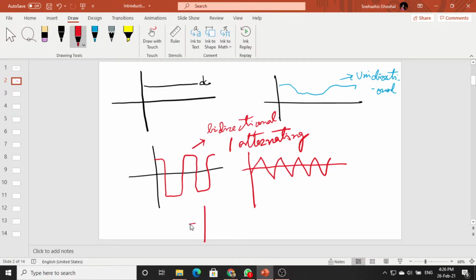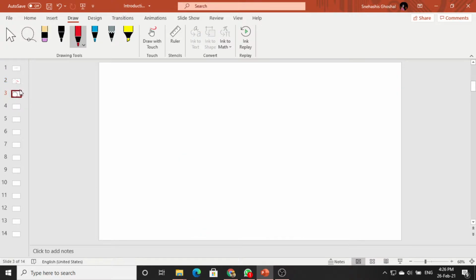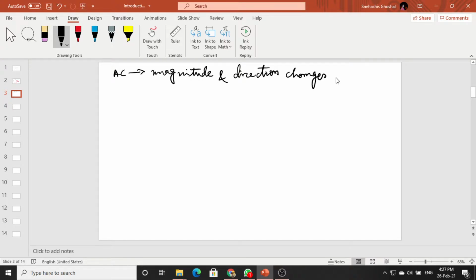Now, for our analysis, we will assume sinusoidal signals for the sake of the analysis. This follows a sine curve. So sine and cosine curves are treated for our analysis. Basically we can say AC means magnitude and direction changes with respect to time.